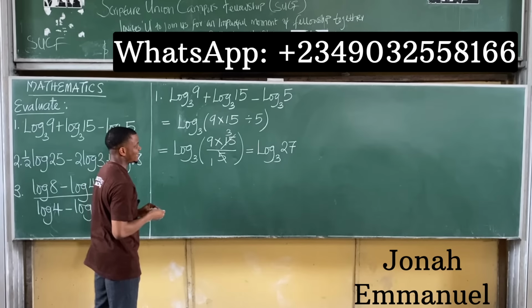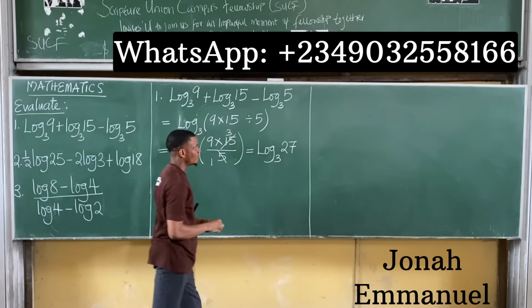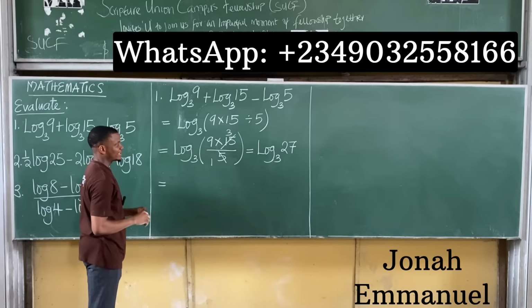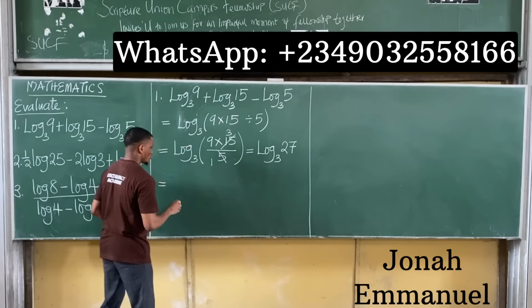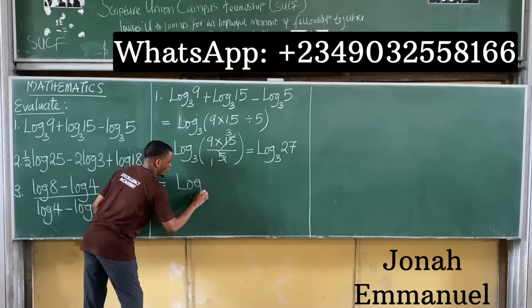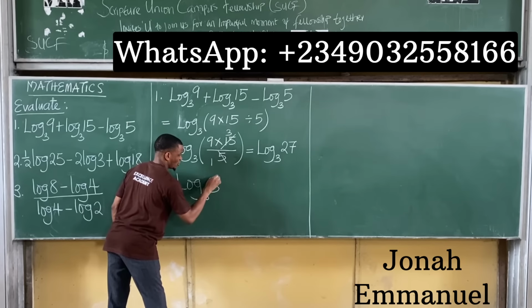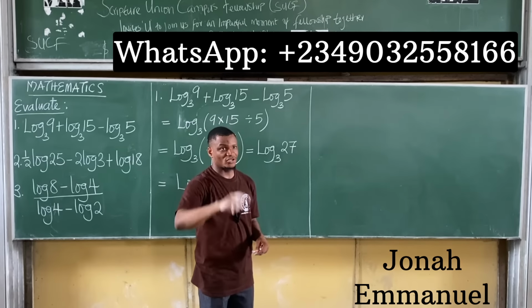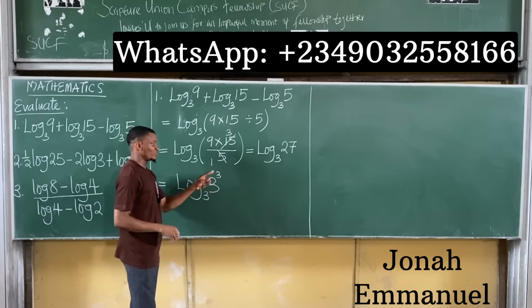So what next? My next task would be, is there any way I can still break this down? Possibly, yes. I will now recall that 27 is actually 3 raised to power 3, because 3 times 3 gives you 9, times 3 gives you 27. So 3 multiplies itself 3 times gives you 27.